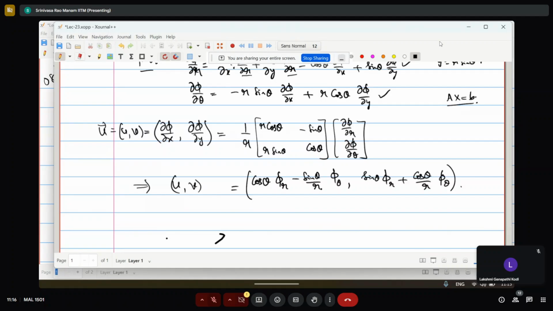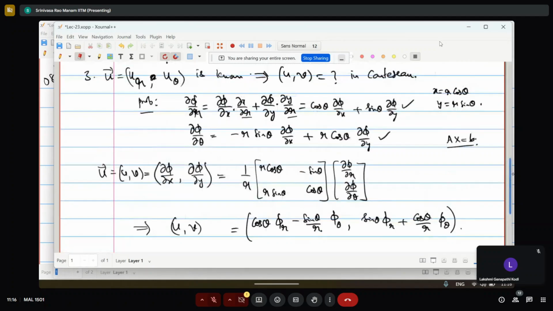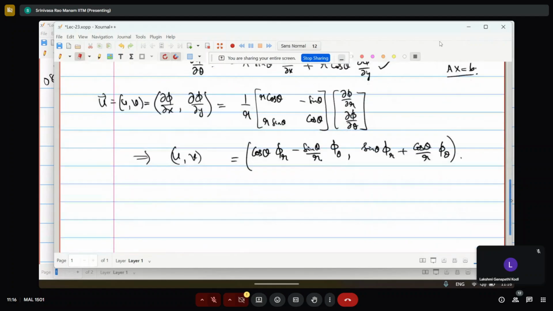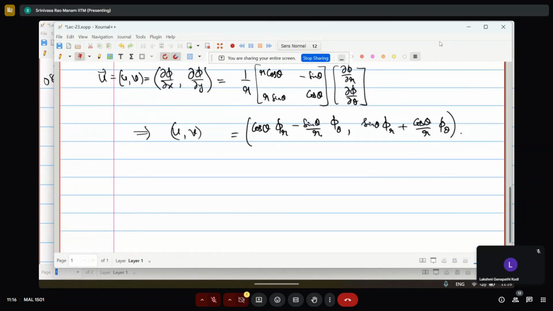So once I know my uv, what are you trying to do now? What is the third way of looking at it? Once you write in terms of uv, convert them. So these are your Cartesian coordinates. You convert it, right?